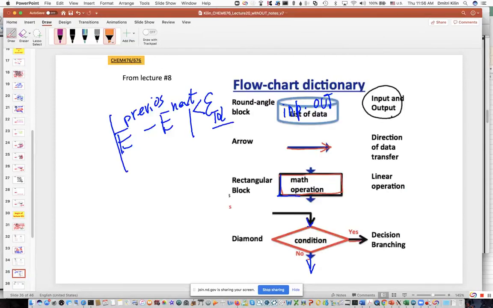We are going to use the same language, the same notations as programmers use before writing the code. So oval for input or output, arrow for data transmission, square for mathematical operation, and diamond for branching, for decision, for condition.